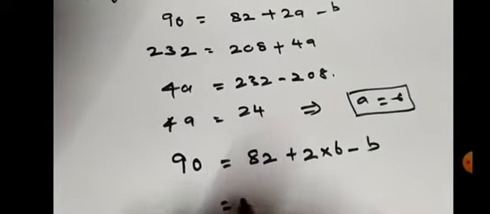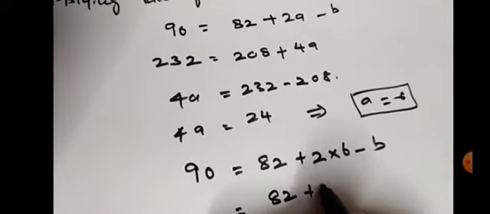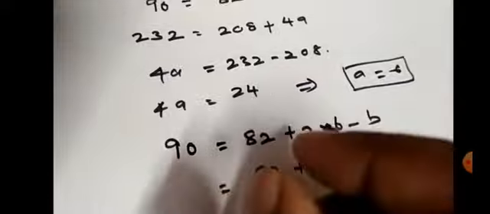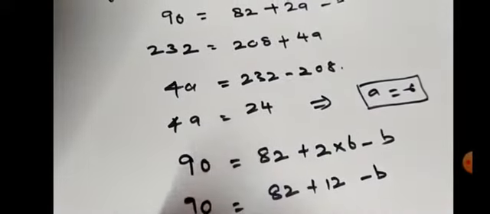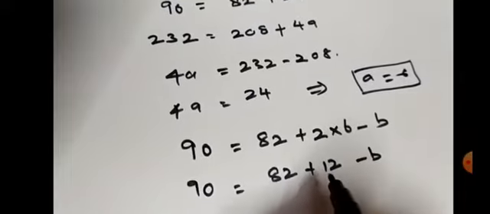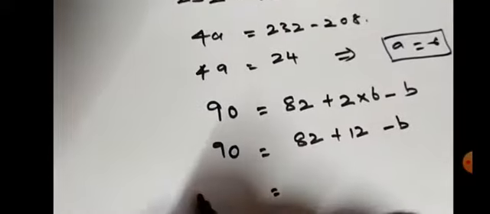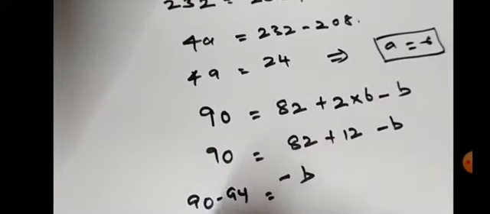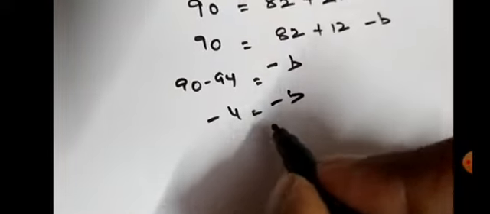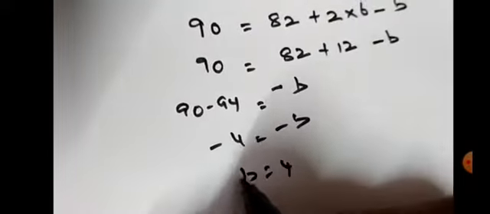Now 82 plus 12 minus B is 90. So 82 plus 12 is 94. 90 minus 94, that is minus B. Therefore minus 4 is equal to minus B, therefore B is equal to 4.